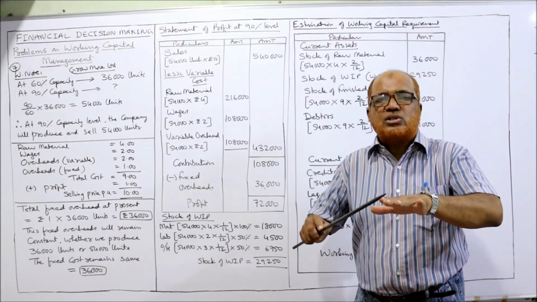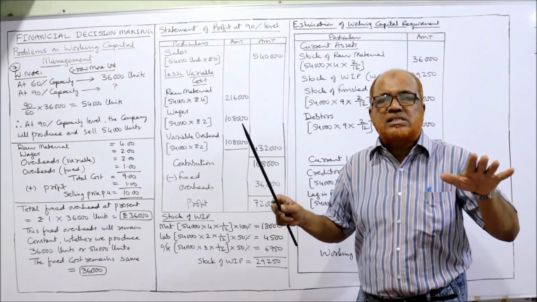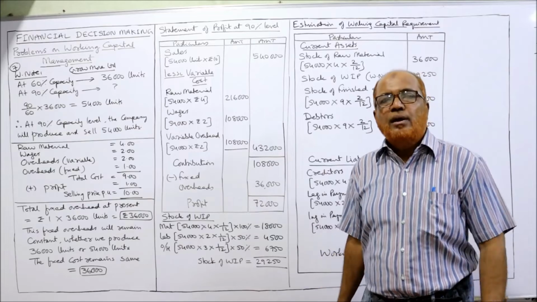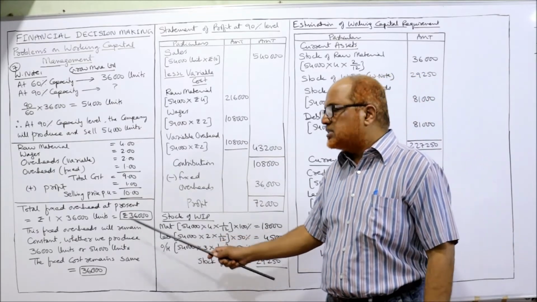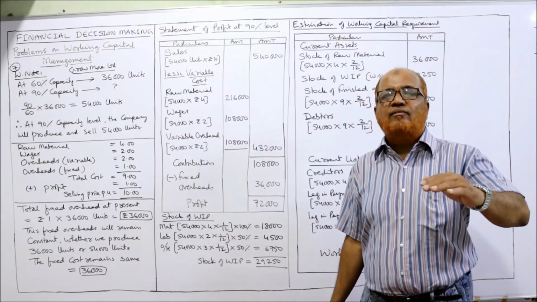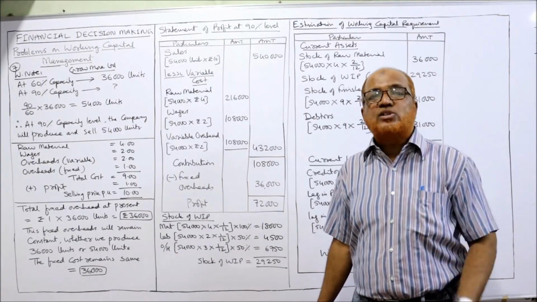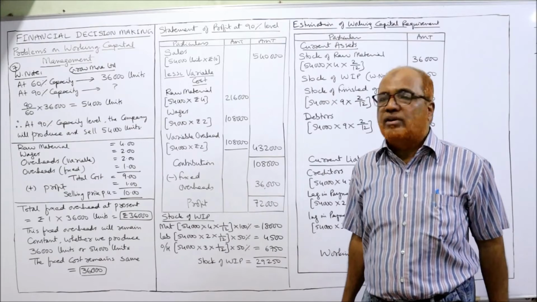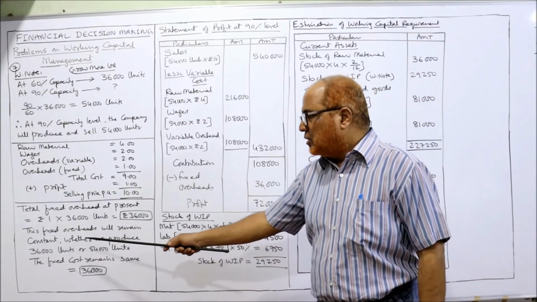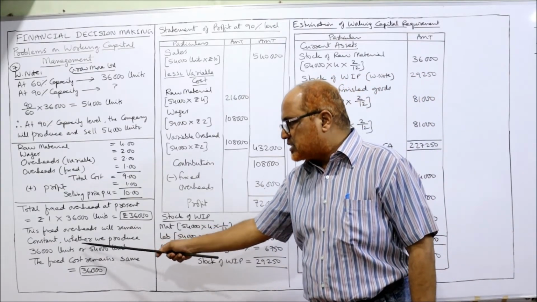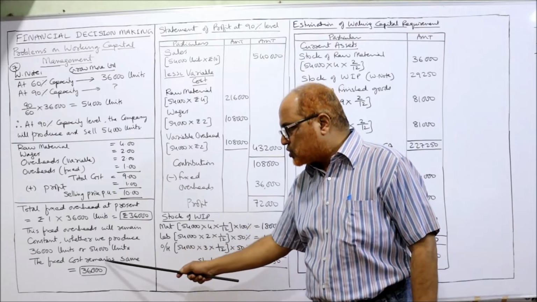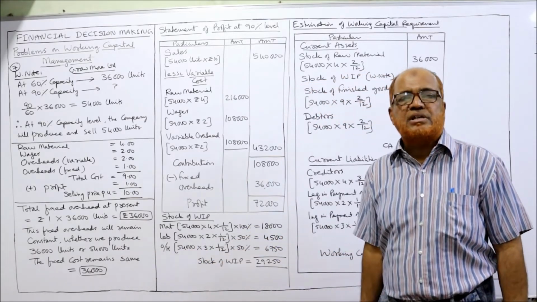The fixed cost always remains constant. So even if we expand the production to 54,000 units, this fixed overhead will not change. Whether we produce 36,000 units or 54,000, the fixed cost remains the same, 36,000.